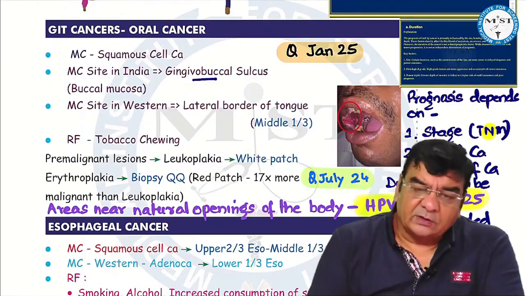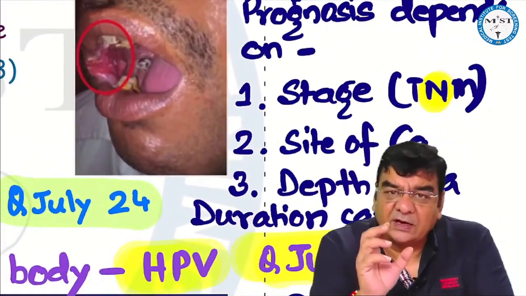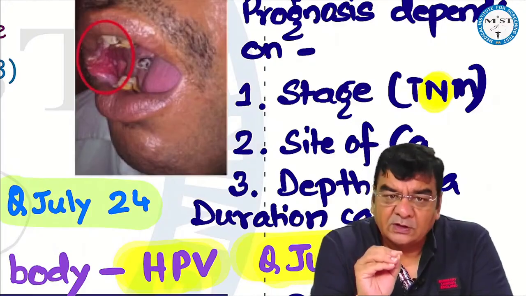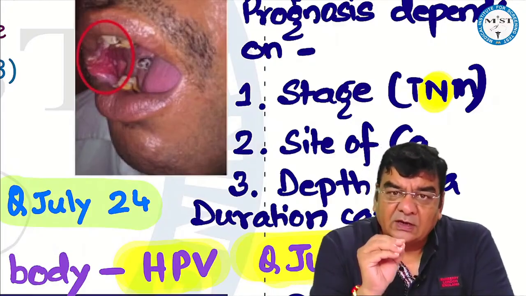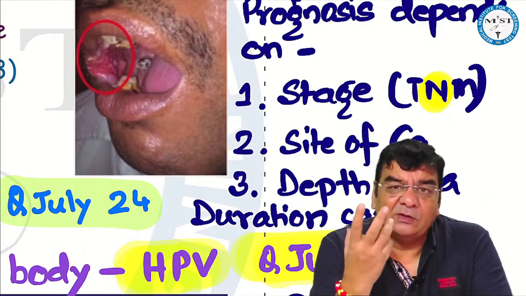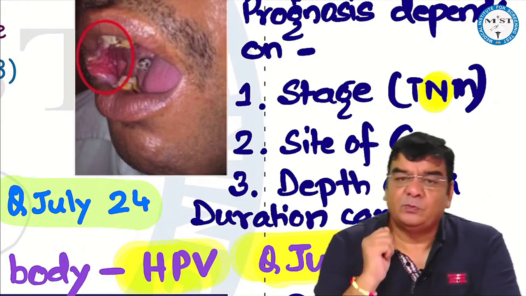If we look at the prognosis of oral cancer, it will depend on the stage of the cancer, that is the TNM stage, where lymph node status is going to be the most important. Then the site of oral cancer: at the commissures, the malignancy is likely to be more invasive, so the prognosis would be poor.